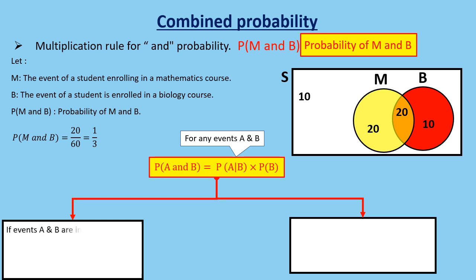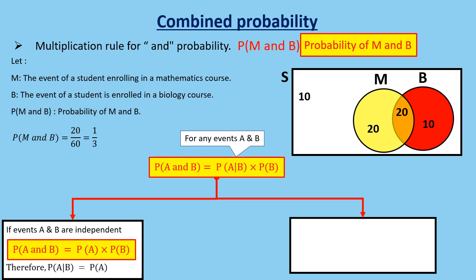If events A and B are independent, then the probability of event A will not be affected by the outcome of event B. Therefore, the probability of A given B will equal the probability of event A. As a result, the probability of A and B will be equal to the probability of event A multiplied by the probability of event B.